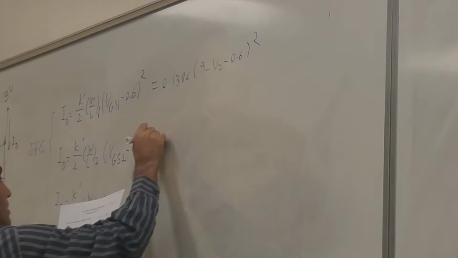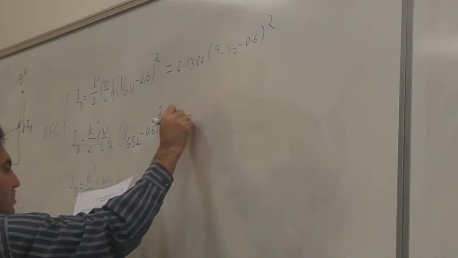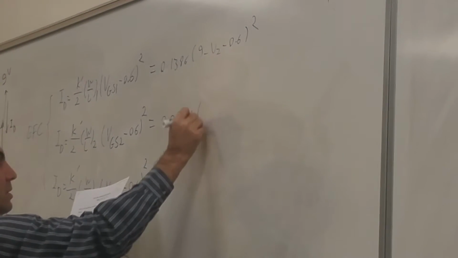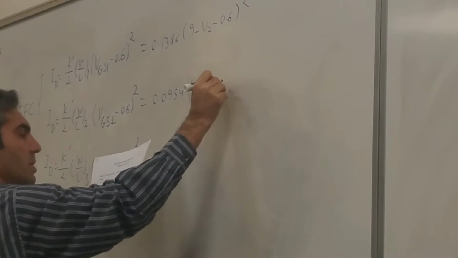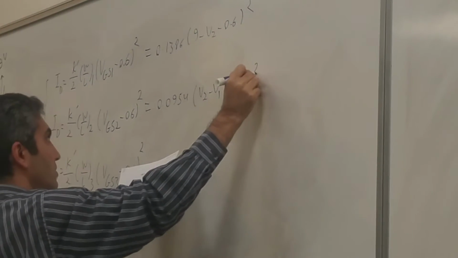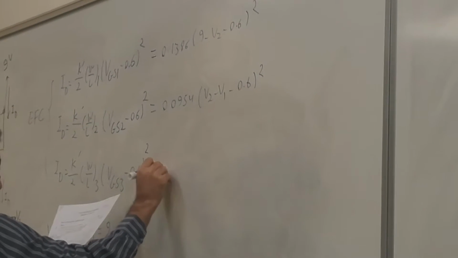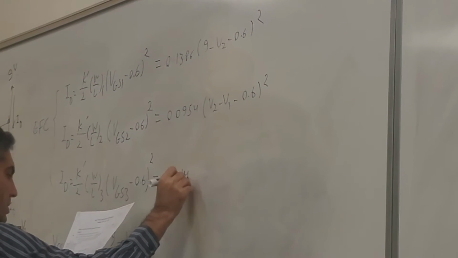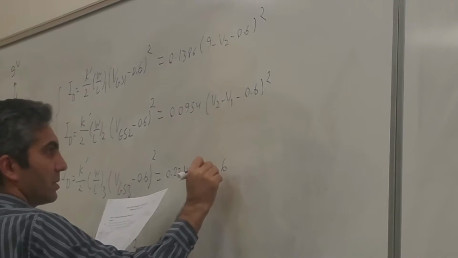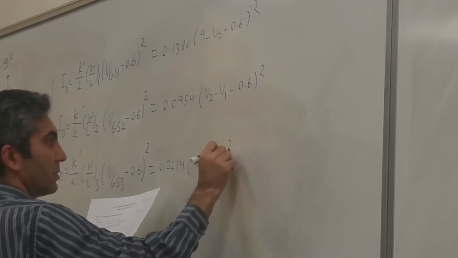To the power 2, that becomes 0.0954 times (V2 minus V1 minus 0.6) to the power 2, equals 0.12 times (V1 minus 0.6) to the power 2.